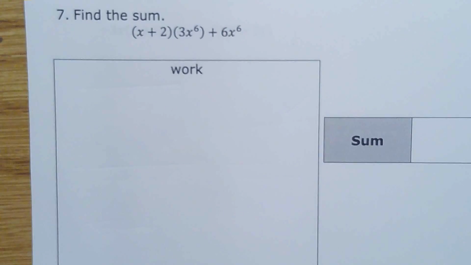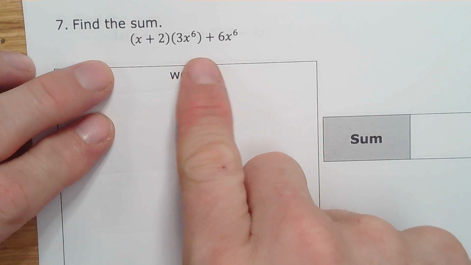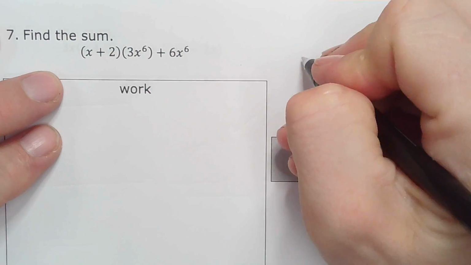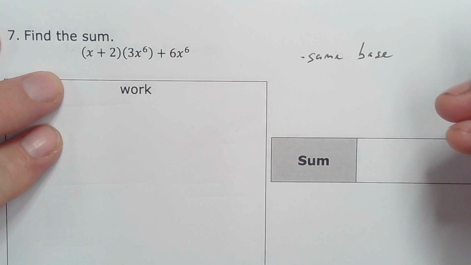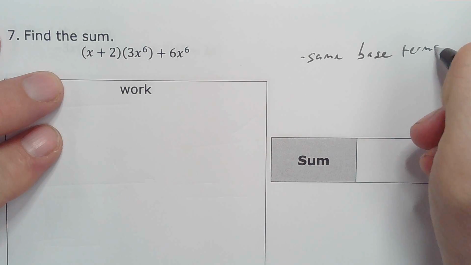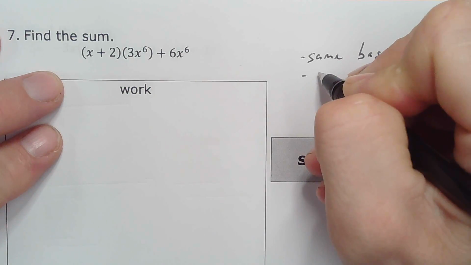All right, now we're doing the sums. Find the sum of stuff. Remember, in order to add stuff together, they have to have two things, right? They have to have the same base, that's like the same base terms, and they have to have the same exponents.